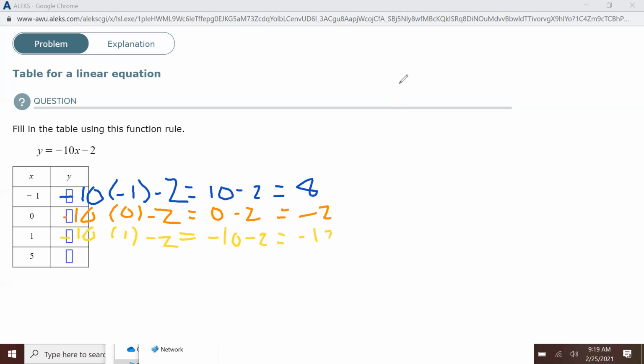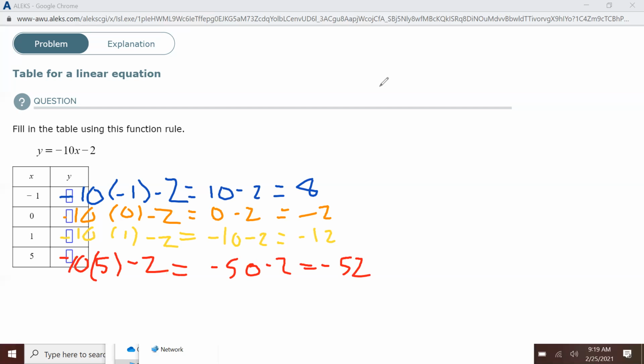And we get -12. And lastly, we plug in 5 for x. And we get -52.